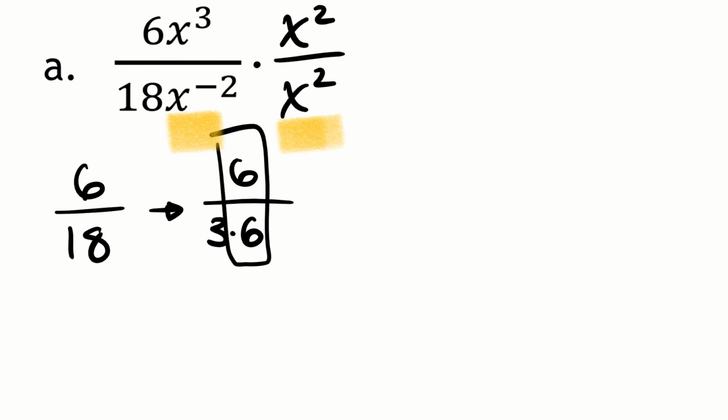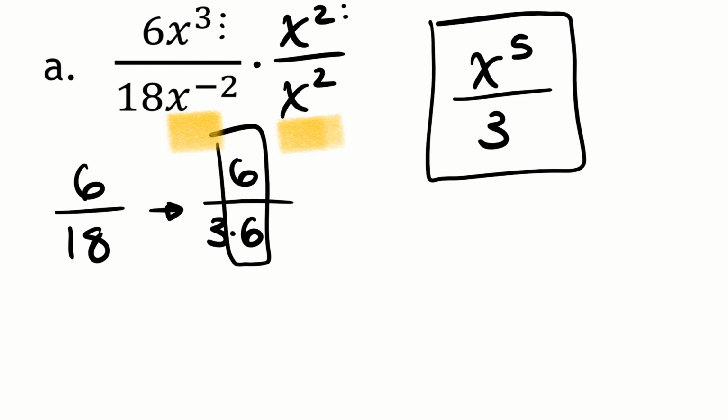So you can see what happens is these two factors of x, x to the negative second, they were in the denominator. They jump into the numerator. So my numerator now has 5 factors of x: 1, 2, 3, 4, 5. So my answer is going to be x to the 5th power in the numerator, and in my denominator, I'm just going to have the factor 3. So this is the answer to A.